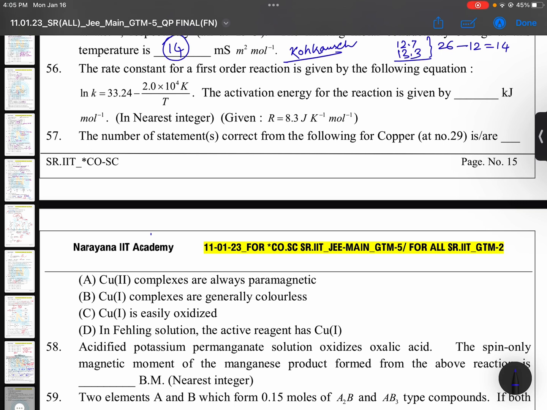That means Ea by R is equal to this one. So Ea is equal to 2 into 10 to the power of 4 into R value 8.3. If you take that, the answer will come 166.